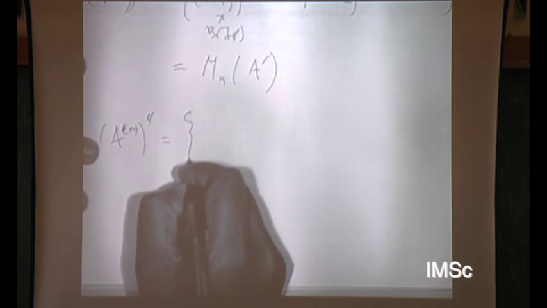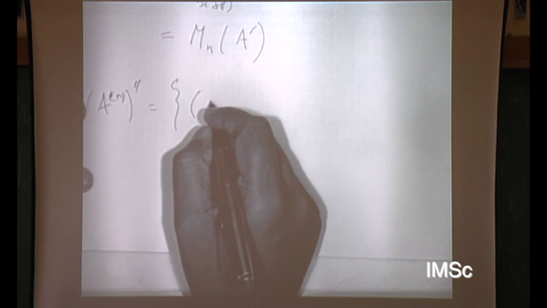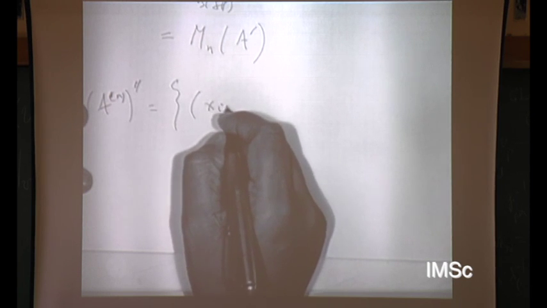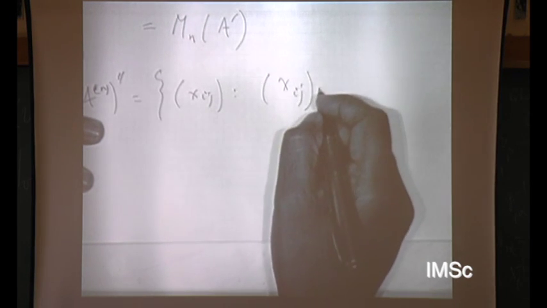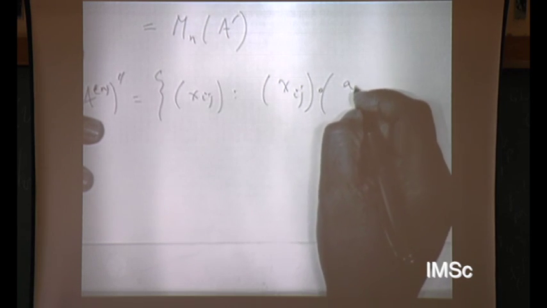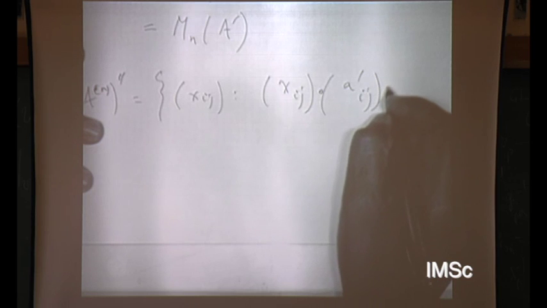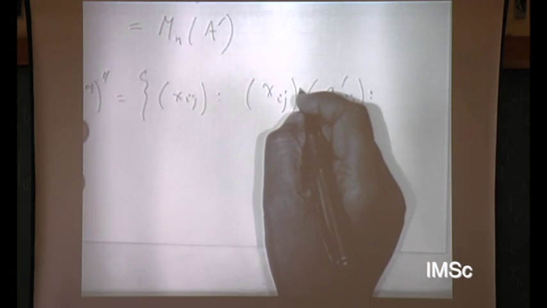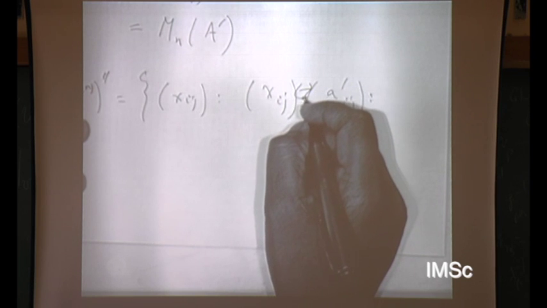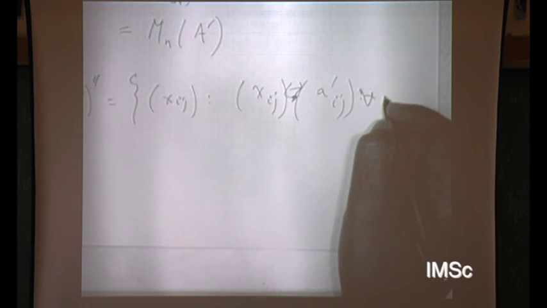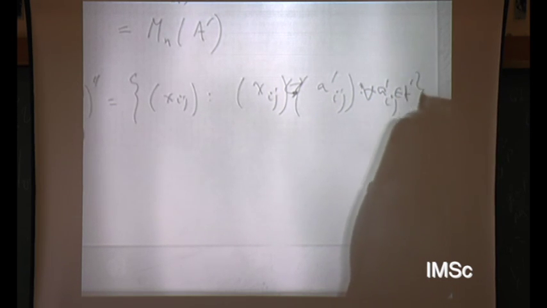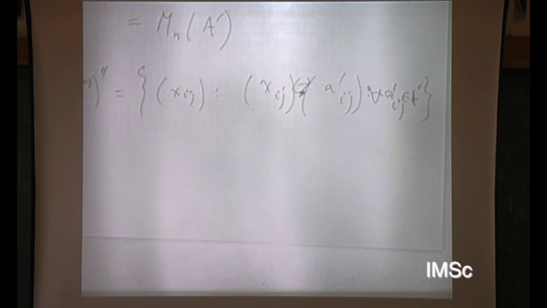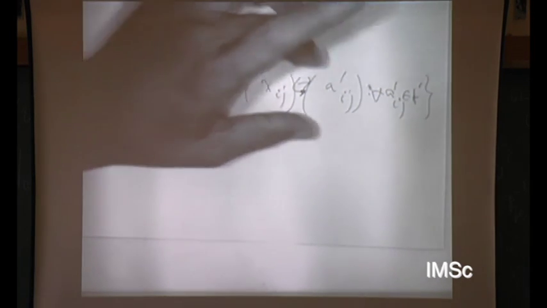This will be all those matrices Xij such that Xij must commute with any A prime ij, for all A prime ij in A prime. When will such a matrix commute with all such matrices?